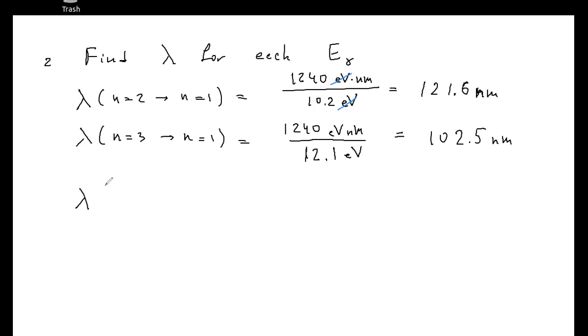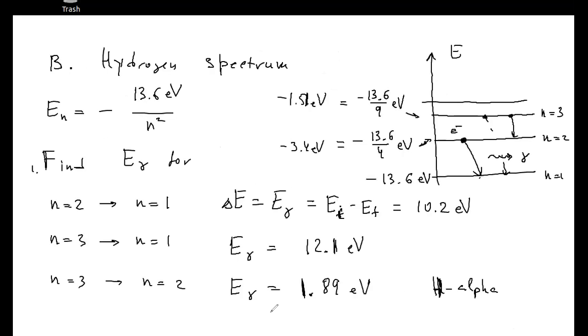Finally, the very famous H alpha line. When you have a transition from 3 to 2, you told me that this is 1.89.